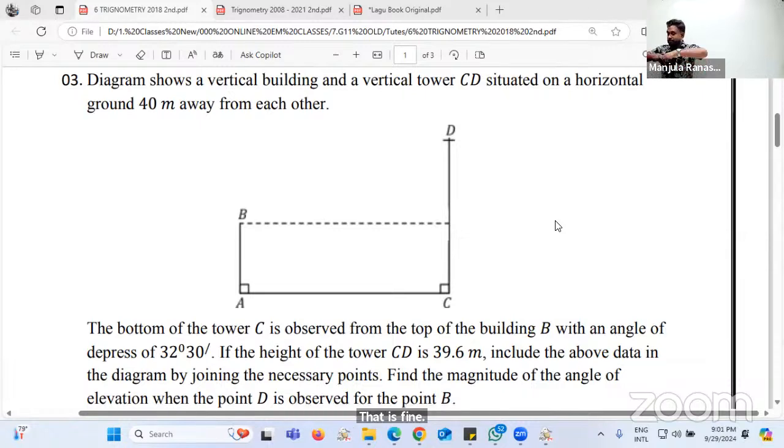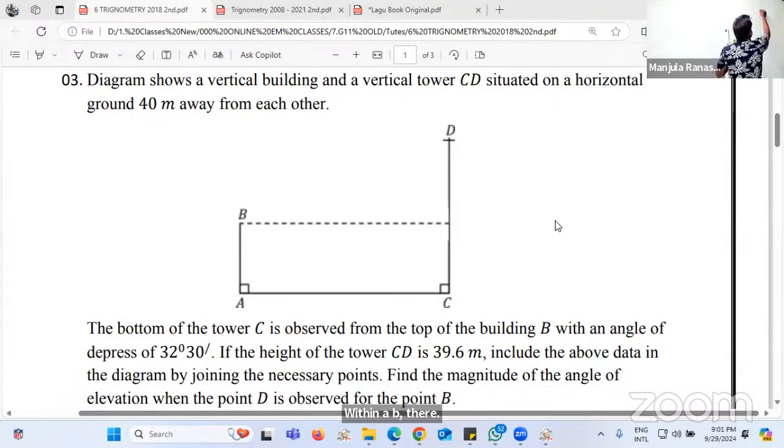Now you can plot it in the book. Vertical building, vertical wall here, and here on the same horizontal level there is another vertical building AB. So AB there, and here we have CD.